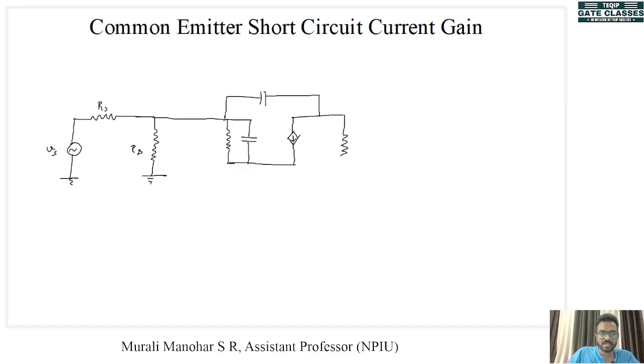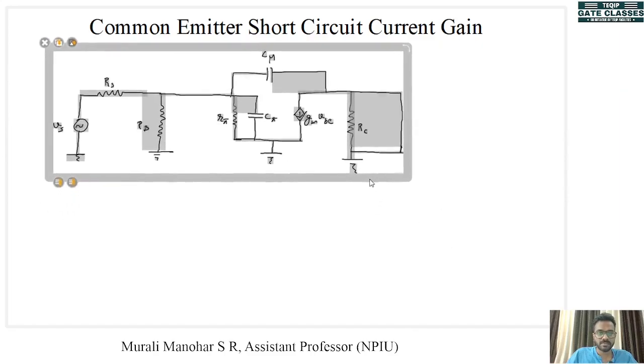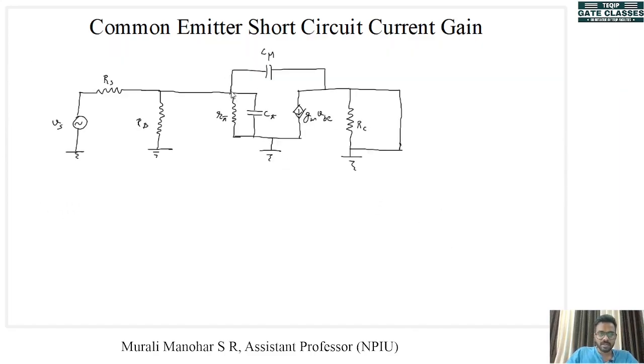Here we will have RC, and emitter is grounded, and here also there is a short circuit because RL is equal to 0. This is RC. This is C mu, this is C pi, this is R pi, and this is GM VBE. Now this is our input circuit. Now there is a capacitance connected between the input and output terminals. This is C mu. Now here we can apply Miller's theorem.